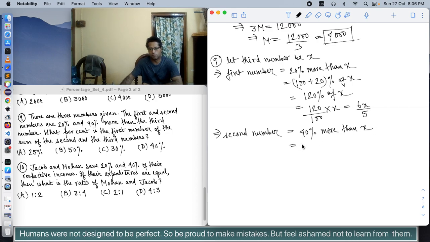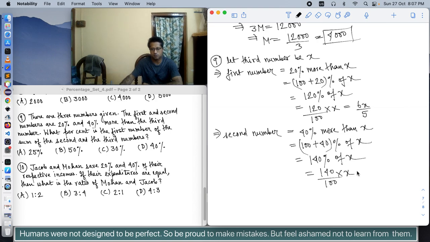This is equal to 100 plus 40% of x. This is 140% of x. This is 140 by 100 multiplied by x. This after simplification we have 7x by 5.